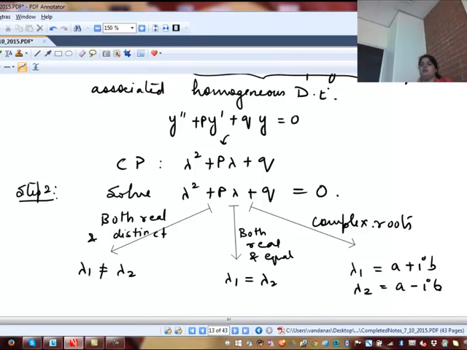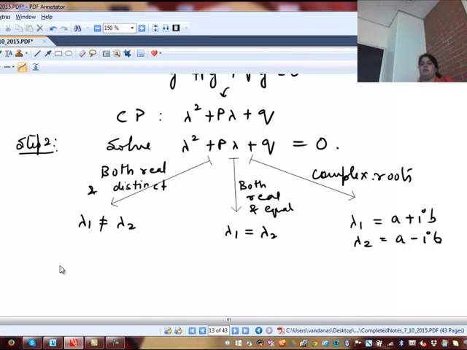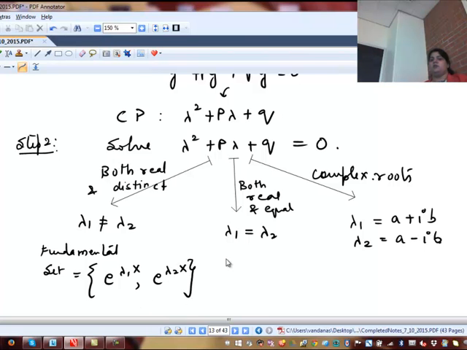So if this is there, what is my fundamental set in each situation? So fundamental set will be e to the power lambda 1x, e to the power lambda 2x. Fundamental set in this situation will be e to the power lambda 1x, x times e to the power lambda 1x.